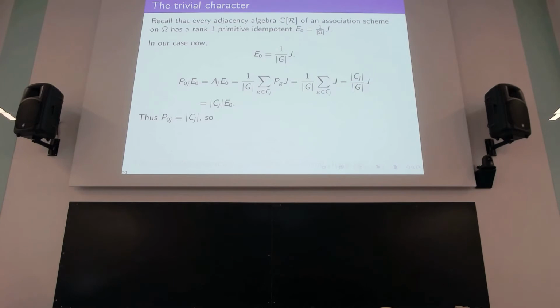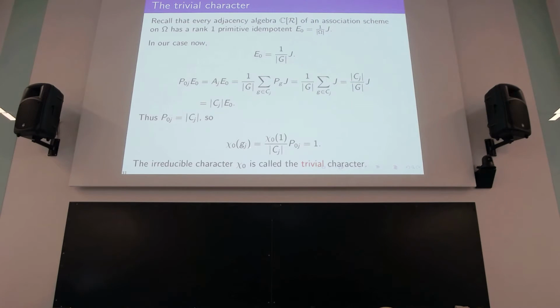So correspondingly, the irreducible character corresponding to this primitive idempotent is called the trivial character. Trivial, because its value at any element is 1.